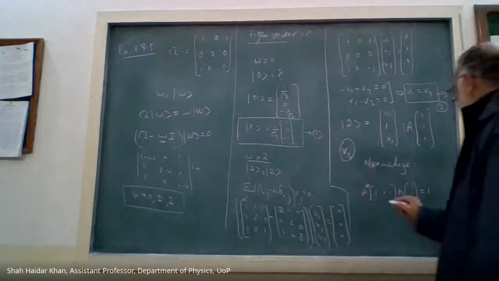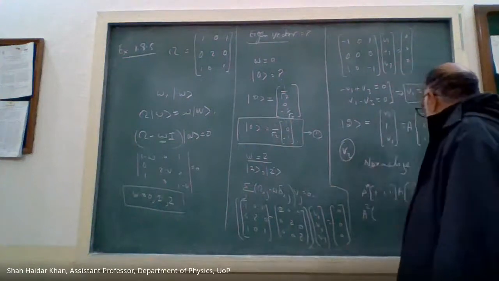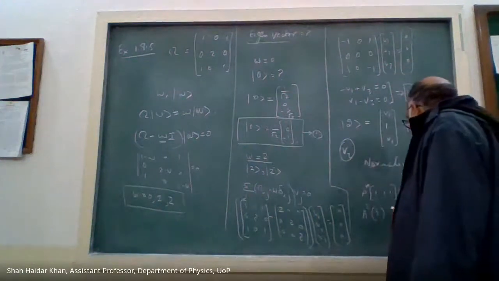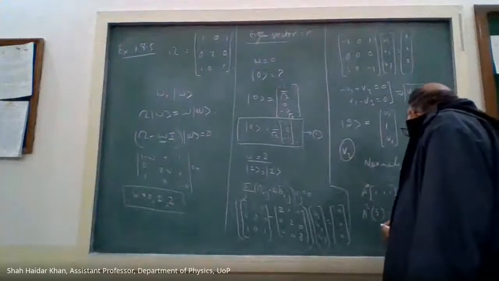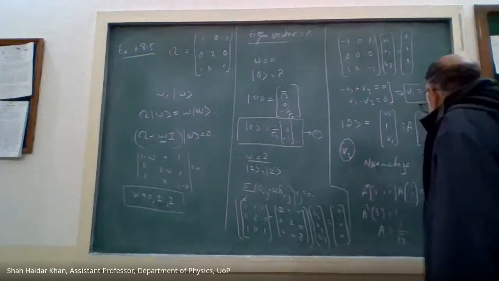So that will be A squared, and this will be 1 plus 1 plus 1, equal to 3, so equal to 1. So A will be equal to 1 over square root of 3.